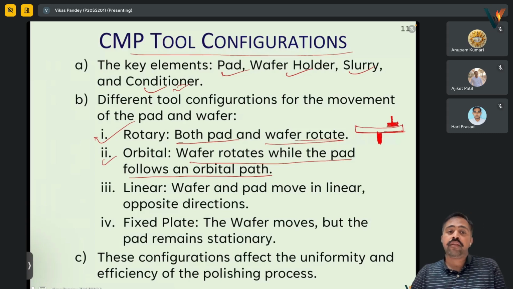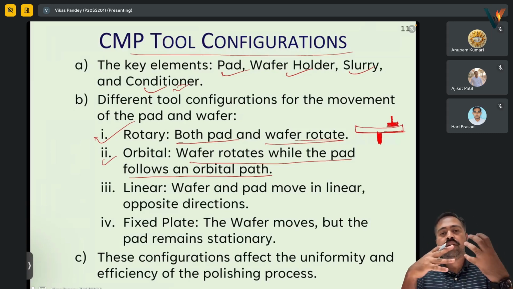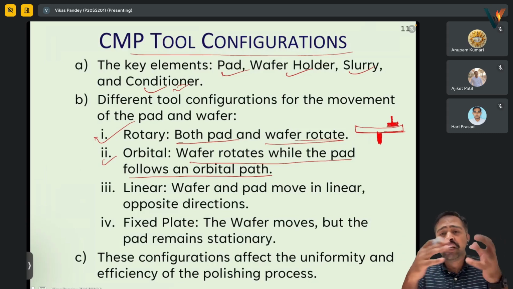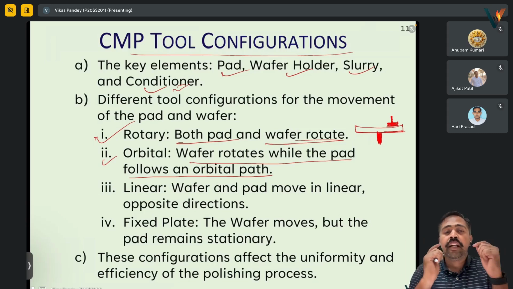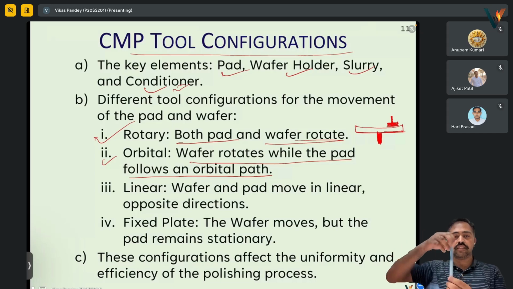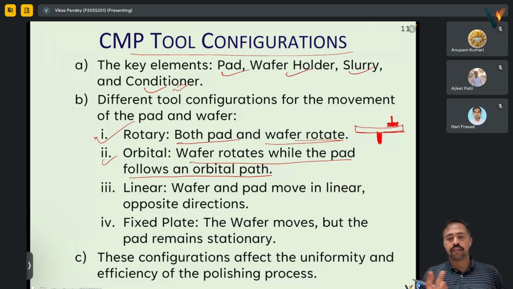Rotary is when both of them are being controlled randomly, like they don't have a sequence. In orbital, the wafer is rotating and the pad is following an orbital path. It is moving on its axis at a point, and the wafer is moving from here to next, like that.